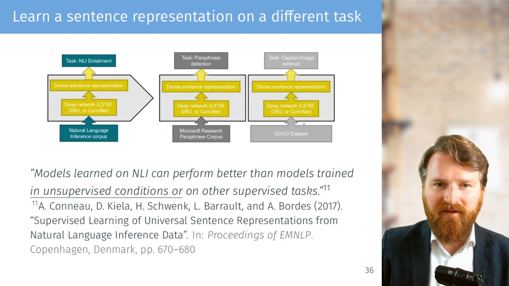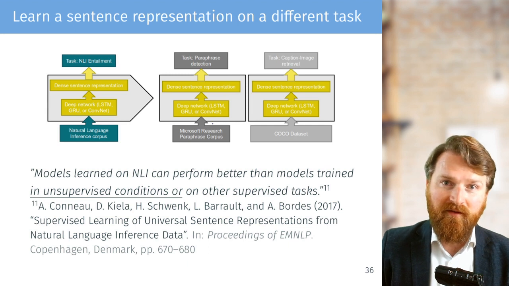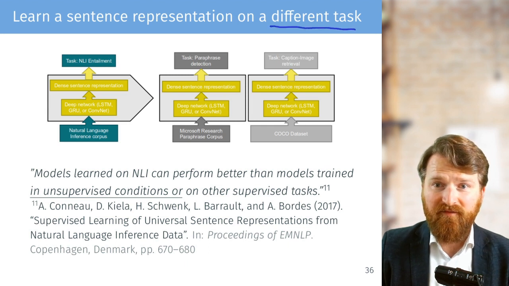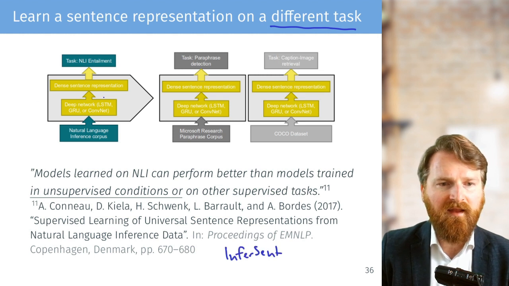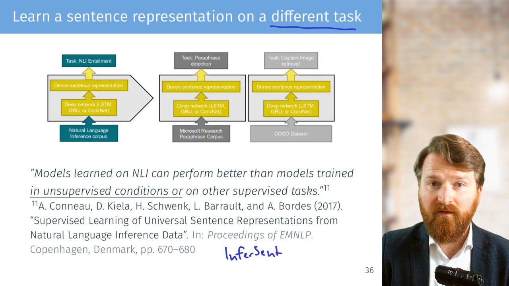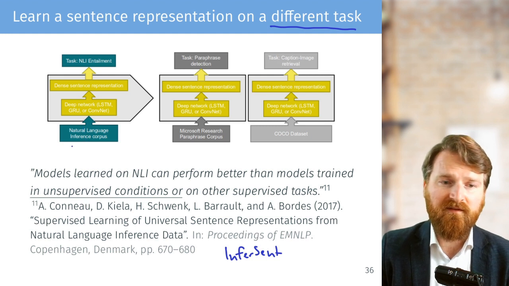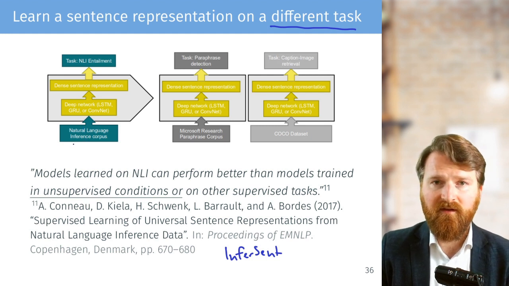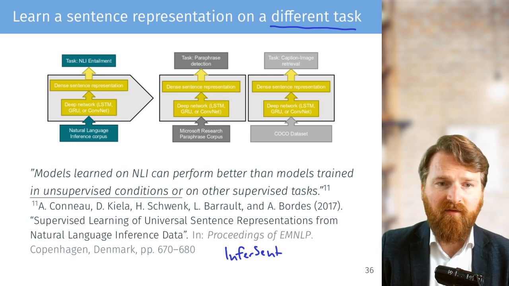You can also train your network on a different task, in fact. And this is another paper from, I guess, Facebook research called InferSent, 2018. And what they did is they took this Stanford Natural Language Inference corpus. So we talked about it in the beginning of this lecture. So this entailment, contradiction, and neutral. And they trained a network on this NLI.